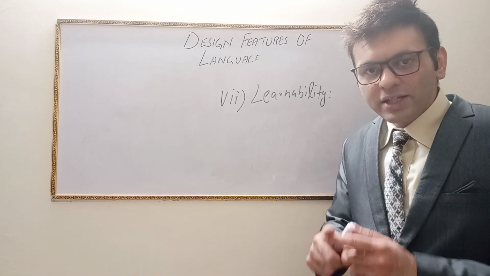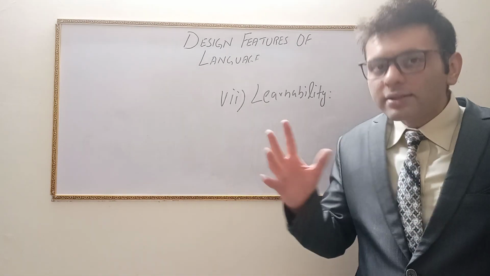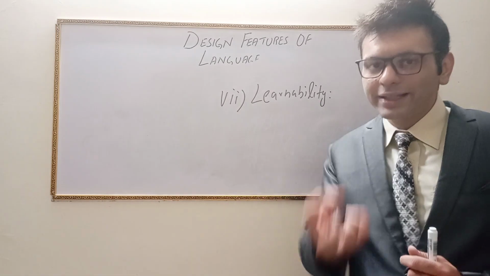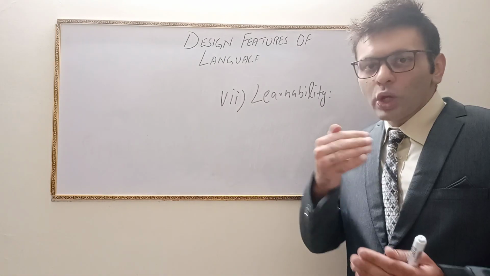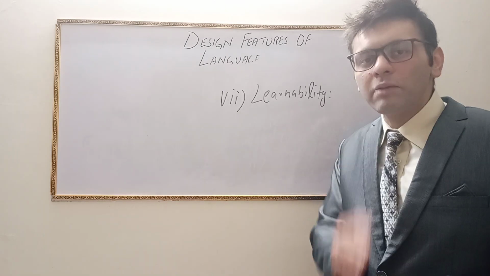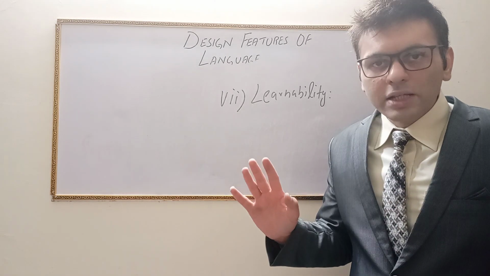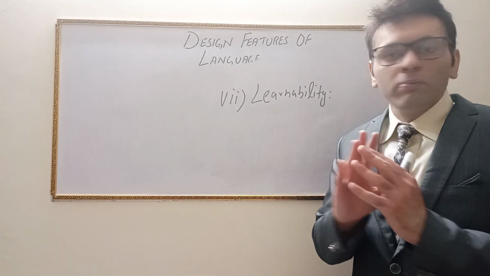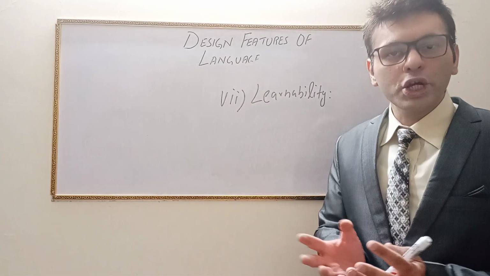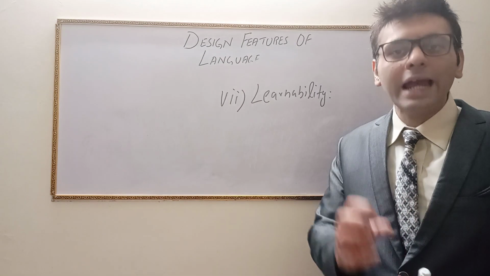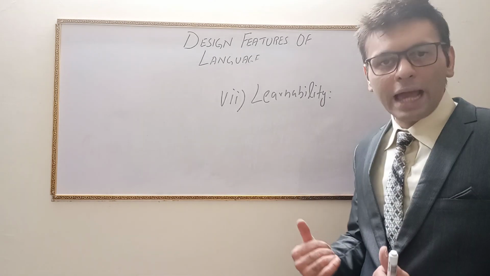And the reason for this is that human beings are designed such that they can learn a language. So language is a phenomenon that can be learned regardless of its complexities. Besides all the complications involved, one can easily learn a language.